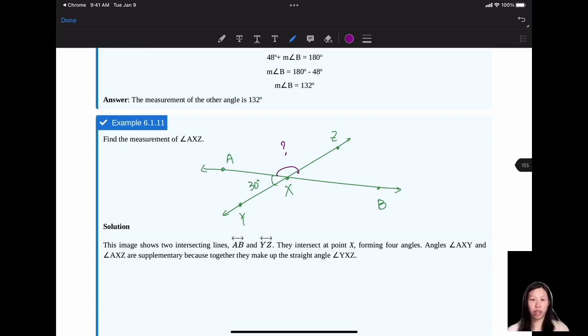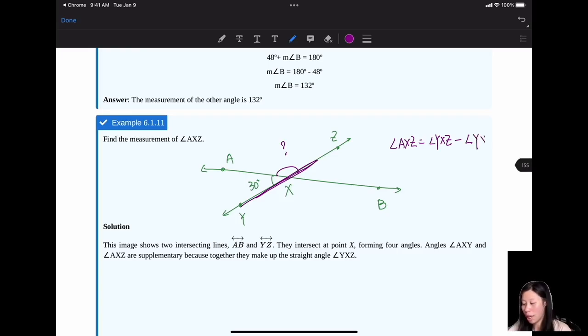So now you take a look. This image shows two intersecting lines, AB and YZ. That means the line YZ forms a straight angle, right? So we can say the angle we're looking for, AXZ, equals one straight angle, angle YXZ, minus the small angle YXA.